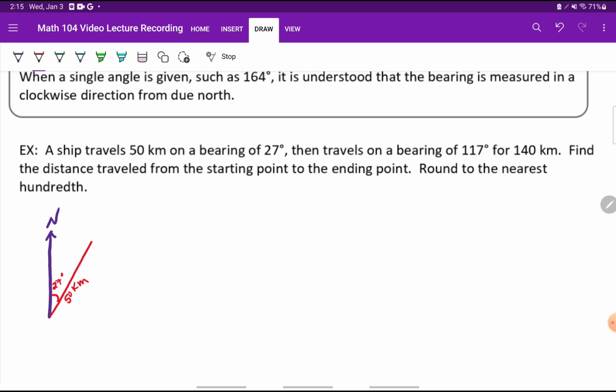Since it's turning, it's changing its bearing, we need to start with another due north line. And this time we're going to rotate 117 degrees clockwise from here. So if that's 90, that's about 117.